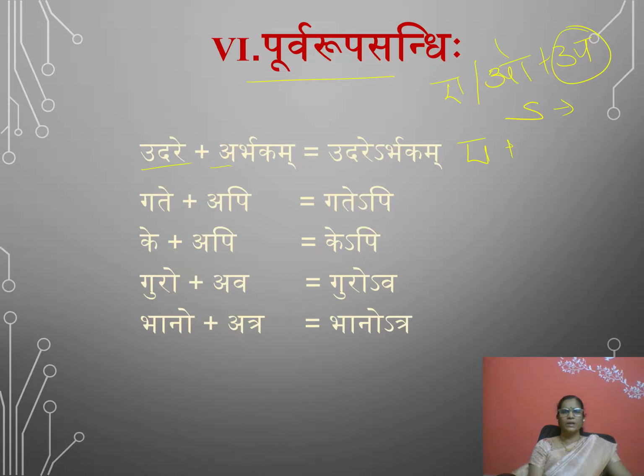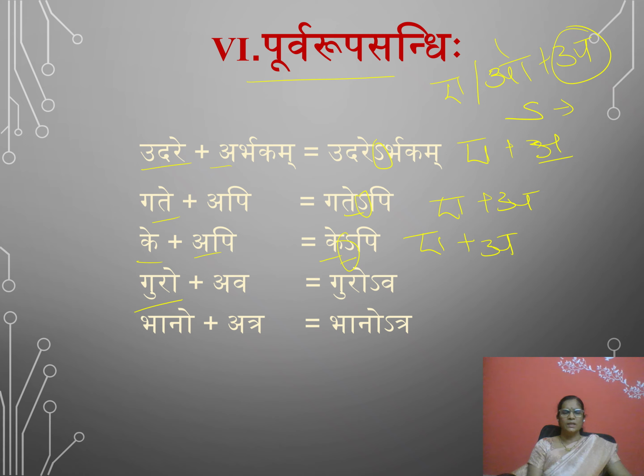The second word arbhakam started with a. In the place of a, here you can observe that avagraha symbol. That's it. Gate plus api, here also ended with a. The second word started with a. In the place of a, the avagraha symbol. K plus api, k ended with a, api started with a, avagraha symbol in the place of a.